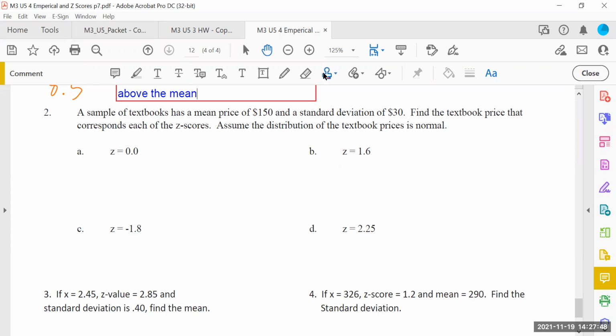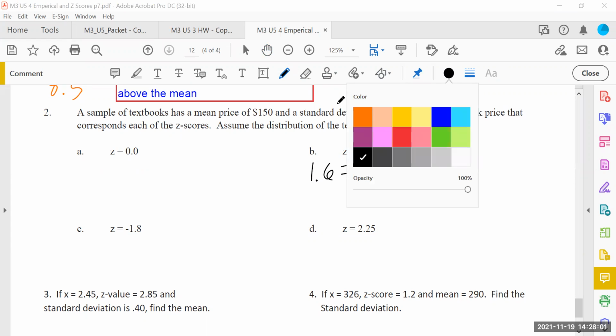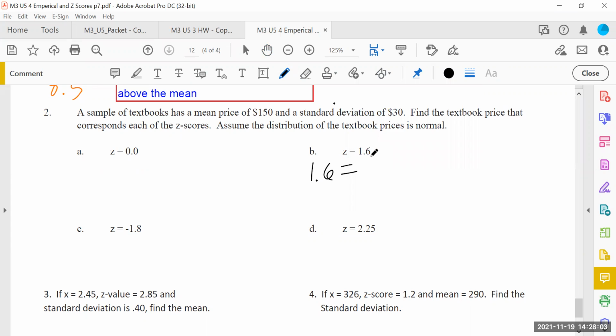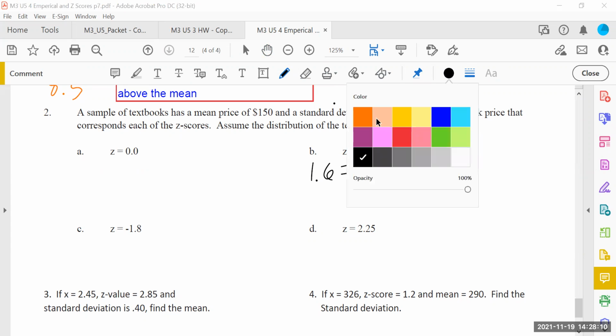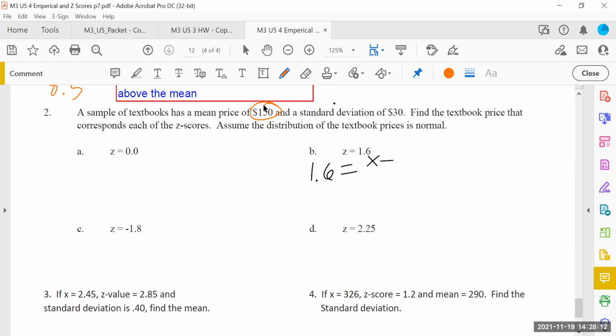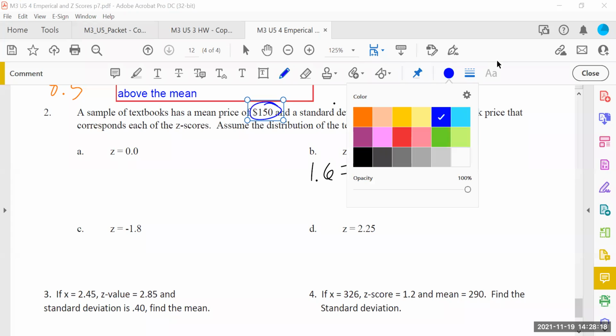So if I set this up, skip letter A for now, do letter B. 1.6 equals the thing I don't know, the X value, minus the average, 150, divided by the standard deviation of 30.